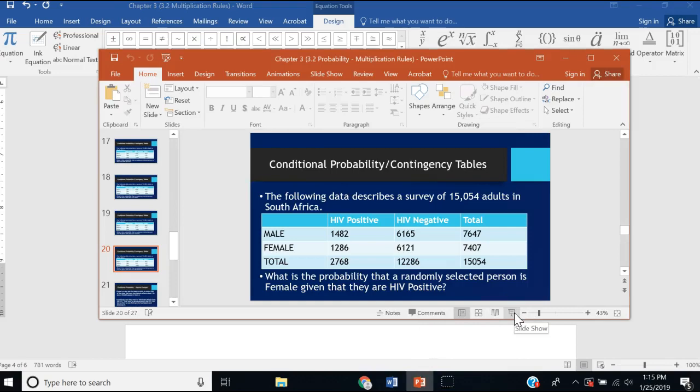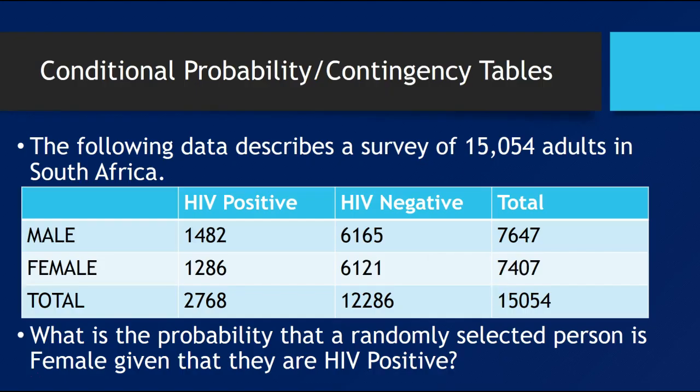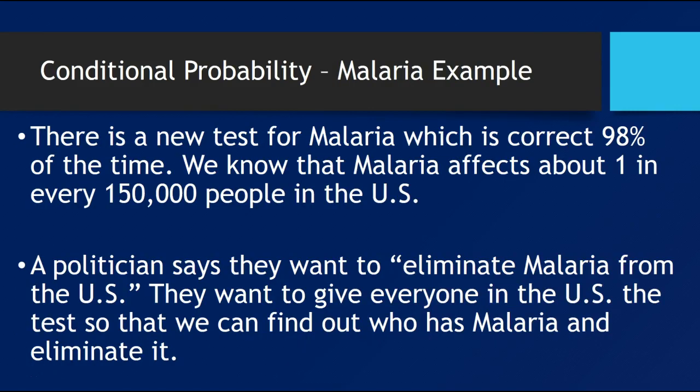So that is conditional probability, how to get that from contingency tables. Now you might ask, well, what if we don't have a contingency table? What if we just have some data, but it's asking me for conditional probability? So let's do this example to illustrate that.